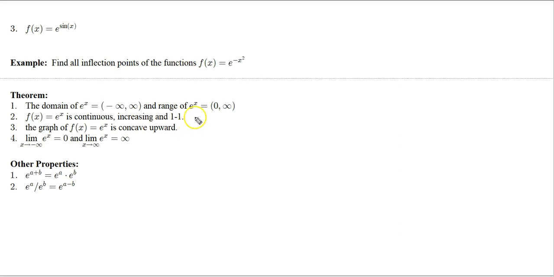Now let's take a look at these other two properties. e to the x is continuous, increasing, and one-to-one. Well, to see that it's continuous, notice that the derivative of e to the x equals e to the x, which is positive for all x.